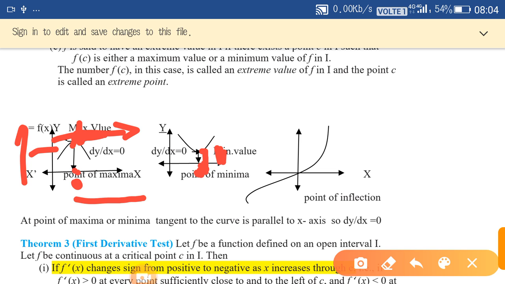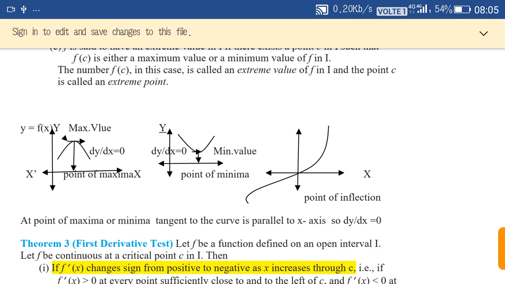And at this point at which we have the minimum value, if we draw a tangent, that will also be parallel to the x-axis. So dy upon dx at that point is also 0. So we take this concept: at the point of maxima as well as at the point of minima, dy upon dx is 0. That means at the point of maxima and at the point of minima, the differentiation of the function is 0.